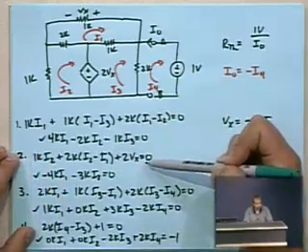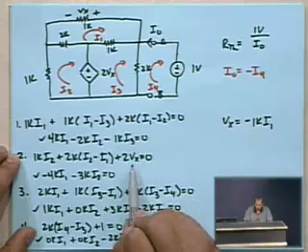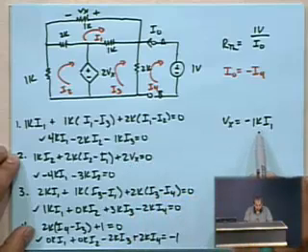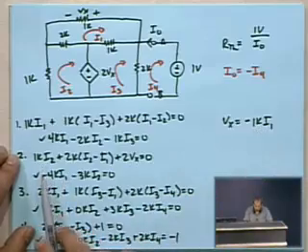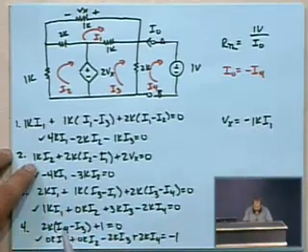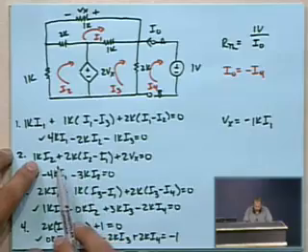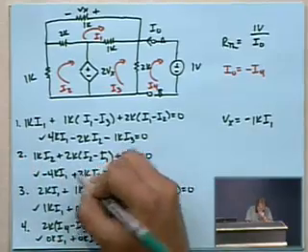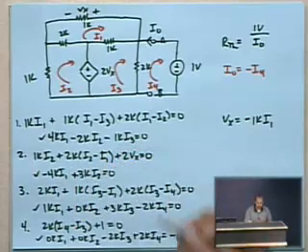In equation number 2, for Vx, we had negative 4K I1 and 3K in the I2s, yeah, thank you. Four simultaneous equations.